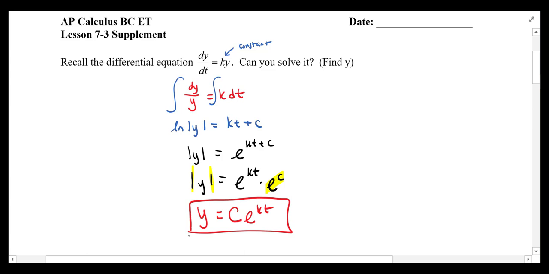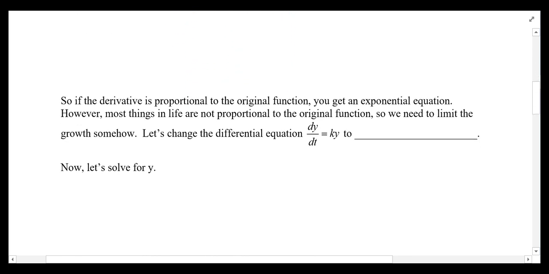Easy. So now the question is, if the derivative is not proportional to the original function, which like I said before, most things are not, how do we limit that growth? So we now change this differential equation to the following: dy/dt equals ky.